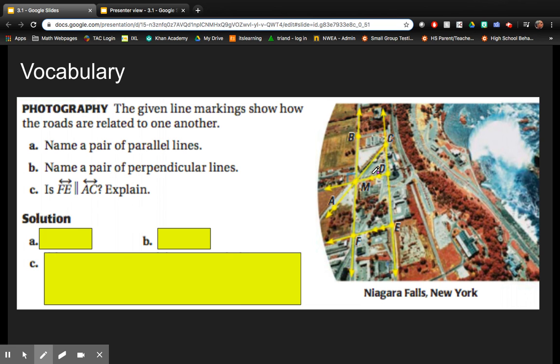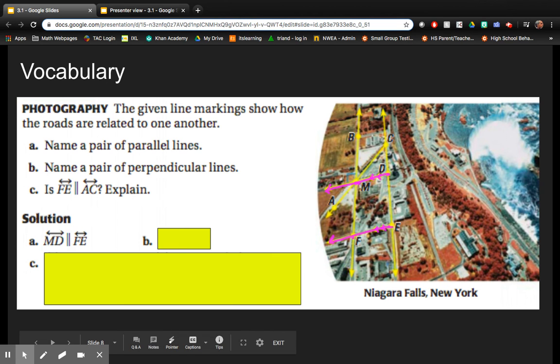So I see markings here and here. And these arrows tell us that DM is parallel to EF. And they, of course, wrote MD and FE instead of EF and DM, and that's fine.